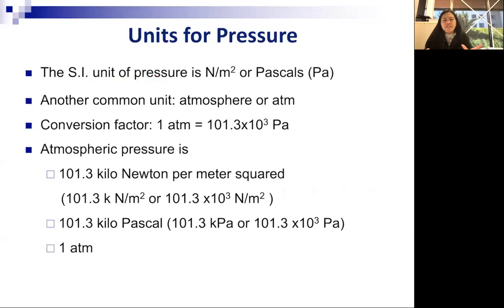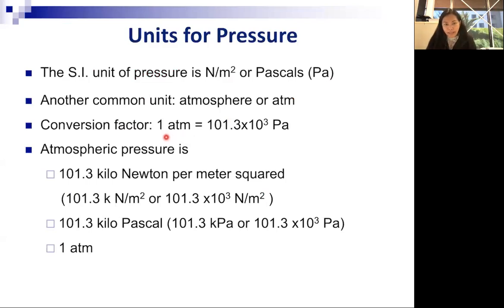We have now seen several units of pressure, so let me summarize them. The SI unit for pressure is newton per meter squared, or pascals. Another common unit is the atmosphere. 1 atmosphere is the atmospheric pressure exerted by the Earth's atmosphere.